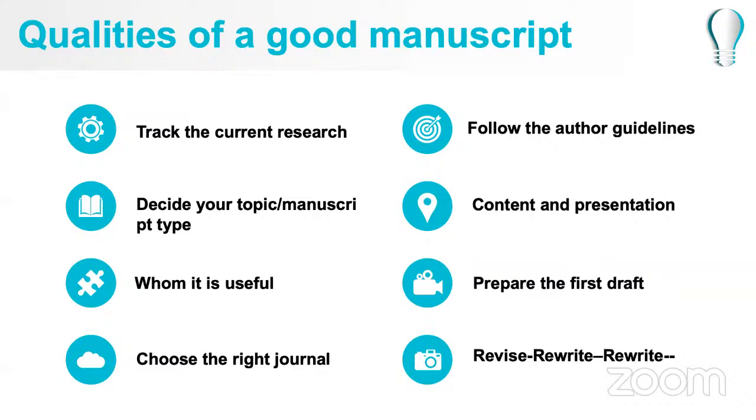So choosing the right journal is important, and more important is the author guidelines. Why am I saying author guidelines? Because again, more rejections are because the author guidelines are not followed. I have read and listened to many interviews of the editors also, where they have stated that people do not follow the author guidelines or journal guidelines.